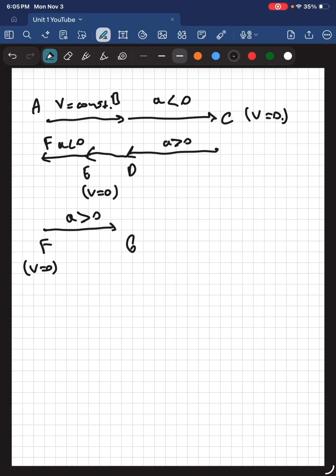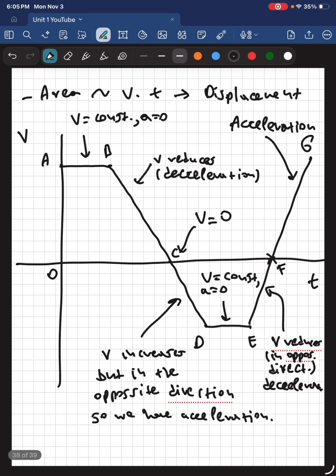So for velocity time graphs, if the gradient is positive and the velocity is positive, then we have acceleration, pretty much. So this will be, for example, this part over here.